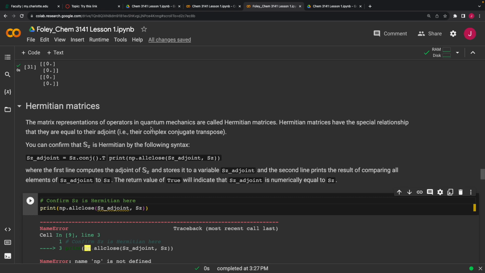So the adjoint, we've defined it once already. We've defined it for vectors. It is really the same thing for matrices. So can anybody remind me how I defined the adjoint of a vector earlier? You can use your notes.